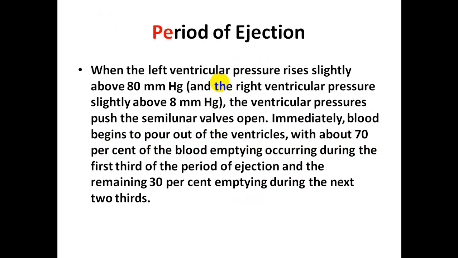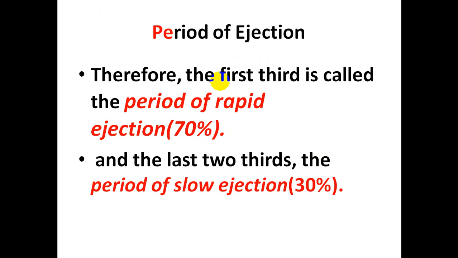The ventricular pressure pushes the semilunar valve open. Immediately blood begins to pour out from the ventricle, where about 70% of the blood emptying occurs during the first third of the period of ejection, the rapid ejection. The remaining 30% empties during the next two-thirds of the period of ejection.